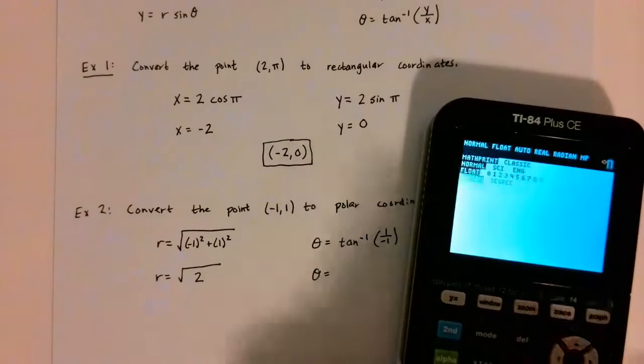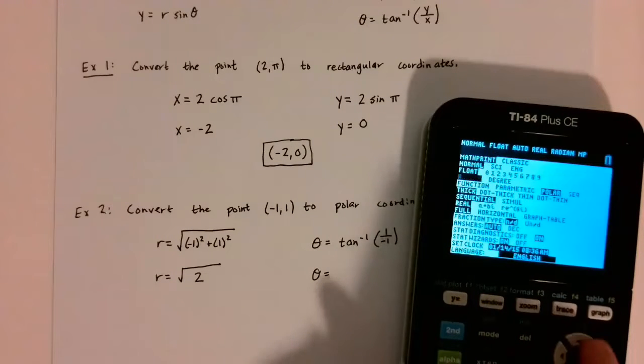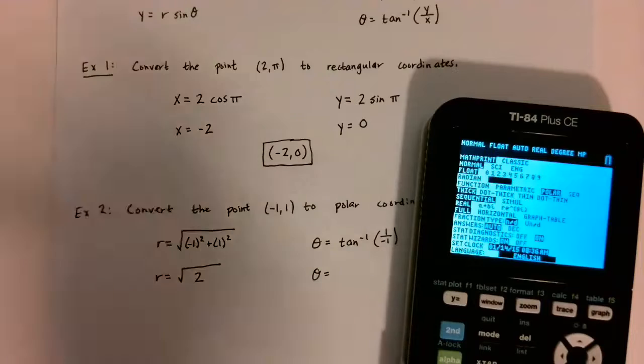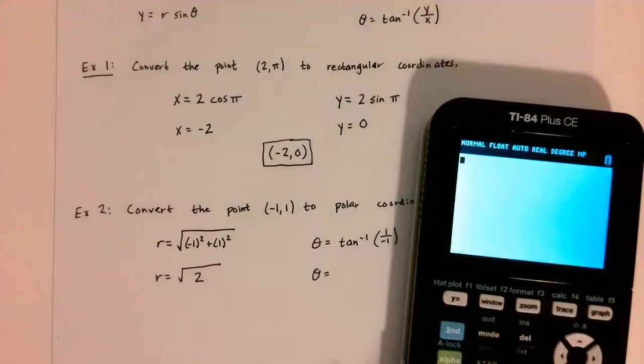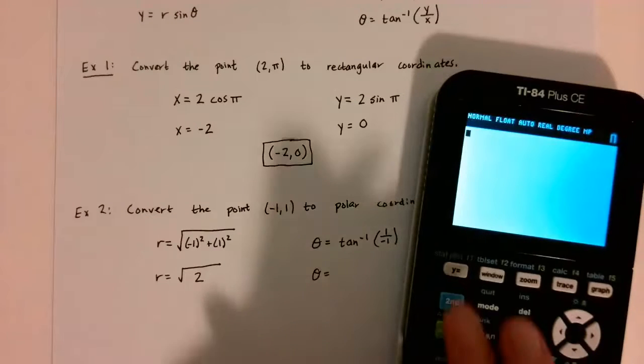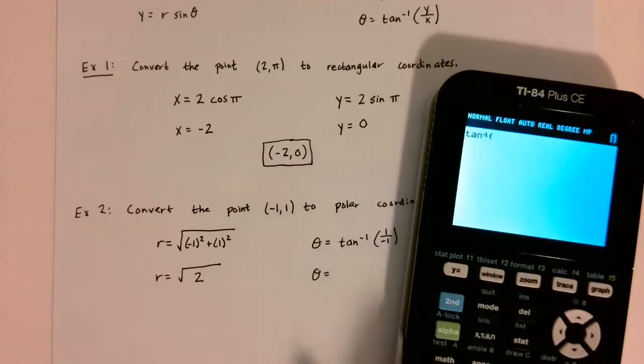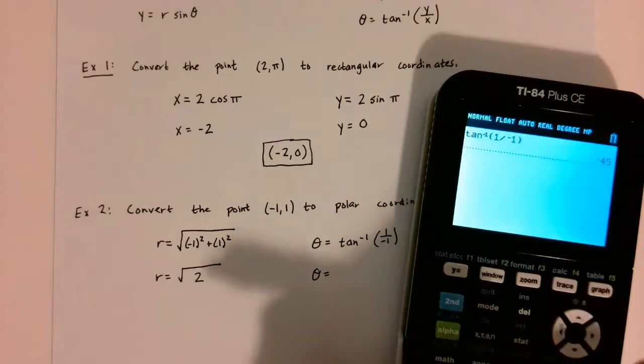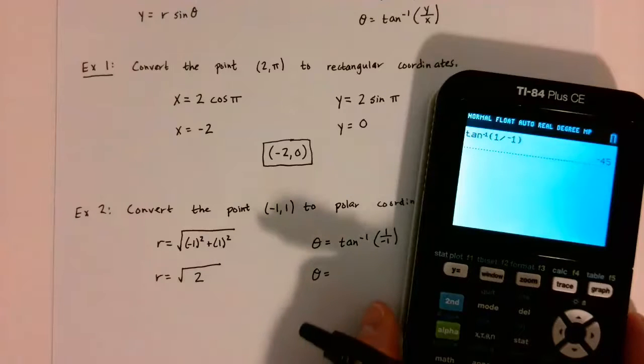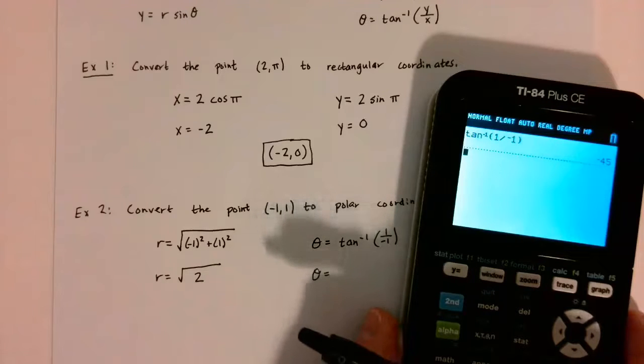I can go ahead and plug that in. I'm going to change my mode to degrees, because I don't want decimals in case I get a decimal, and I can convert it myself if I need to. So I'm going to do tangent inverse of 1 divided by -1, which is just -1. You can plug it in that way, and I get -45 degrees. We want to convert that into radians.